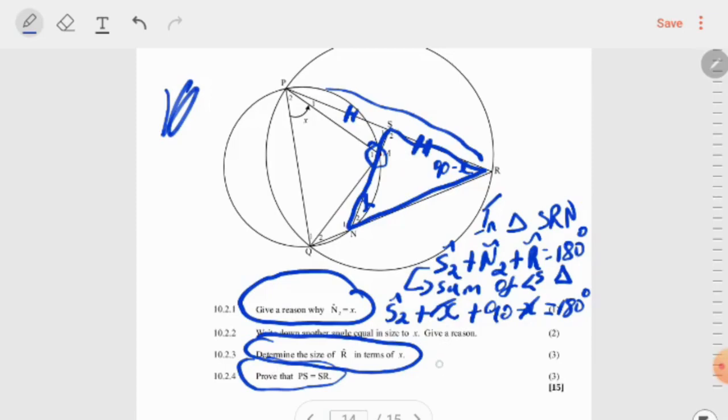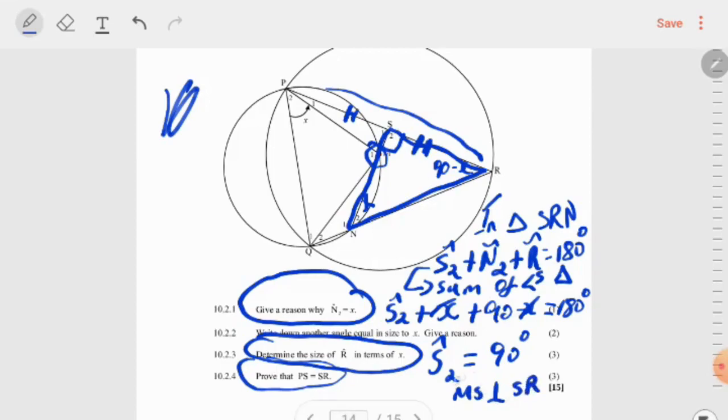Then we are left with angle S2 being equal to 180 minus 90, which is equal to 90 degrees. That's exactly what we wanted. So we just proved that S2 here is 90 degrees. So that means SM is perpendicular to PR since they make an angle of 90 degrees.